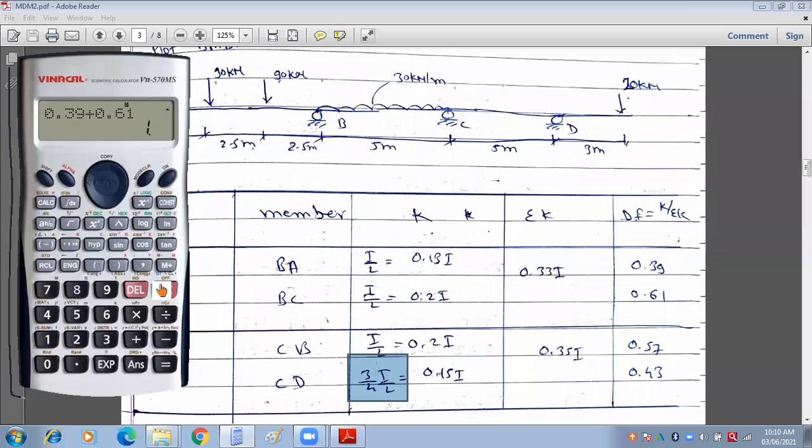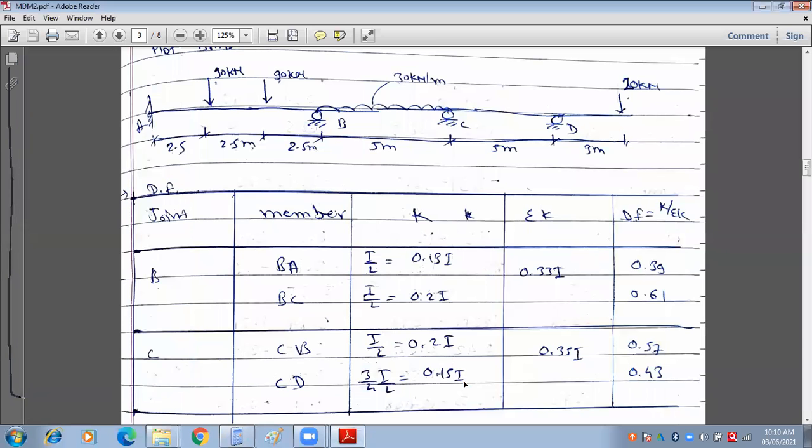Let us calculate: 3 by 4 divided by 5 is 0.15. 0.15 plus 0.2 is 0.35.